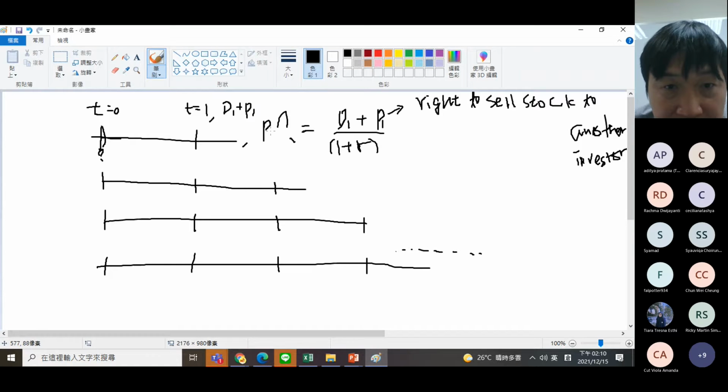P0 is determined by D1, P1, 1 plus r, and the time. So here, the terminal value will happen at time 2, right?